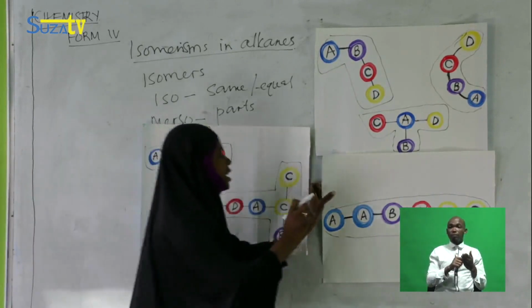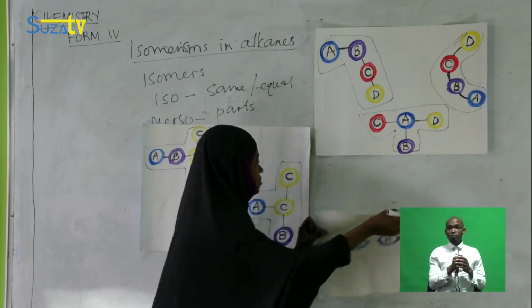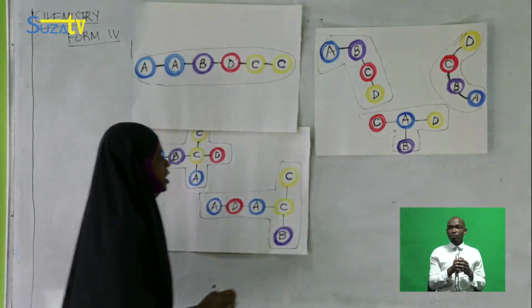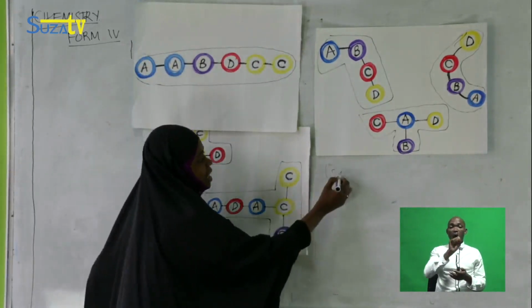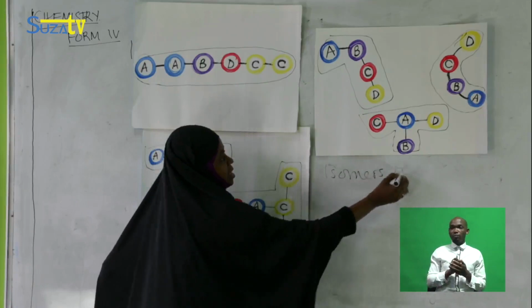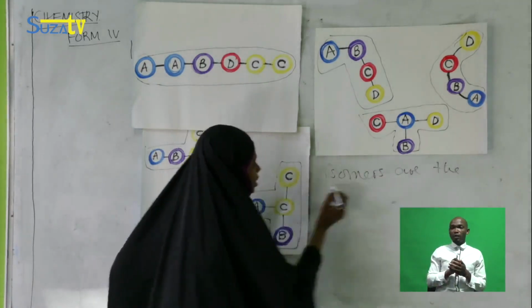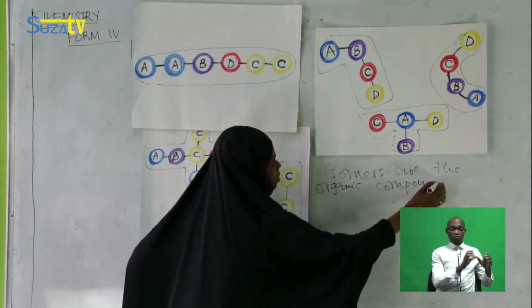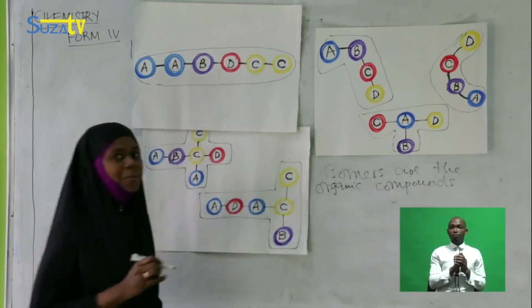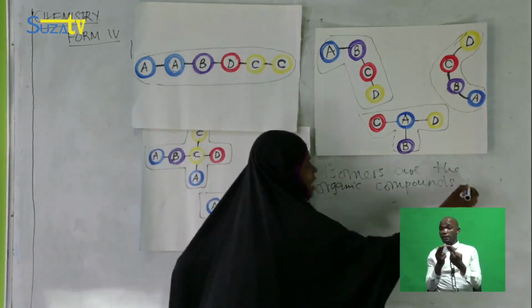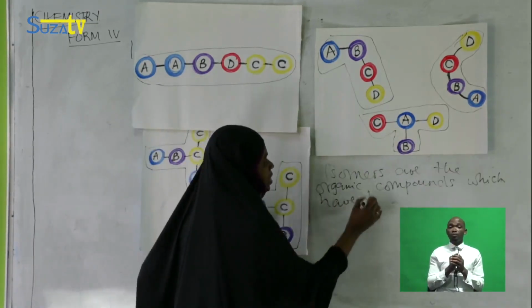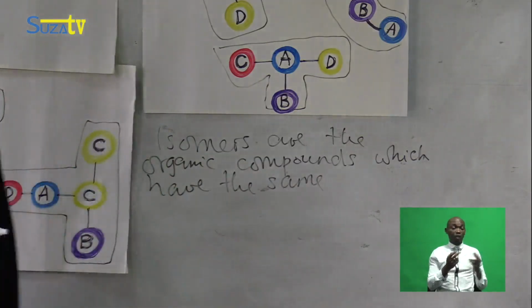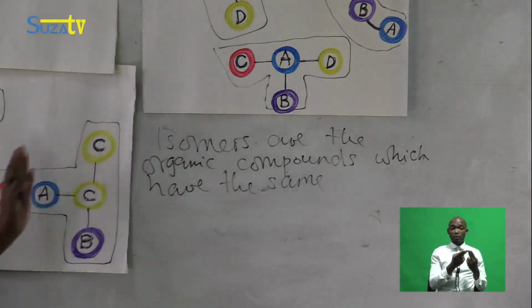Isomers, these are the compounds, right? By definition now, we can say isomers are organic compounds which have the same what?